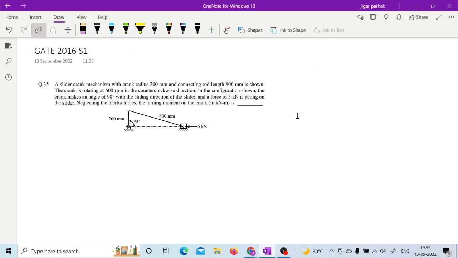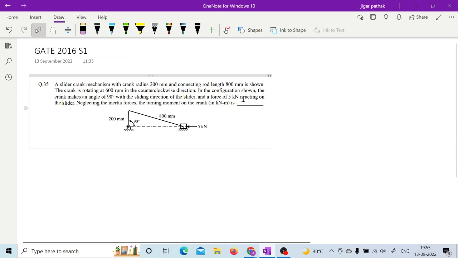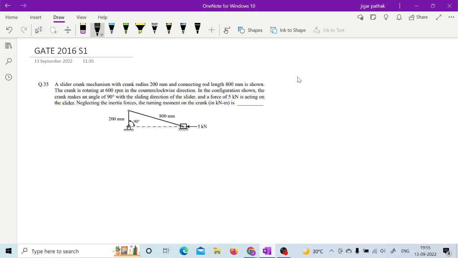See, actually it has a shortcut trick. If you apply T equal to F into R, that is the only way, right? Ft into r is that moment, and Ft is anyway given as F upon cos beta.